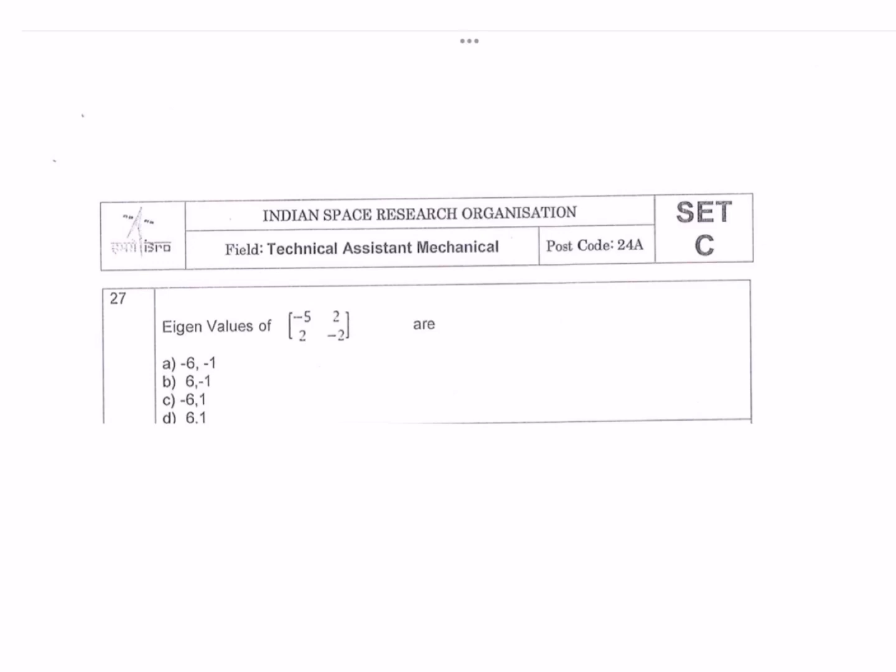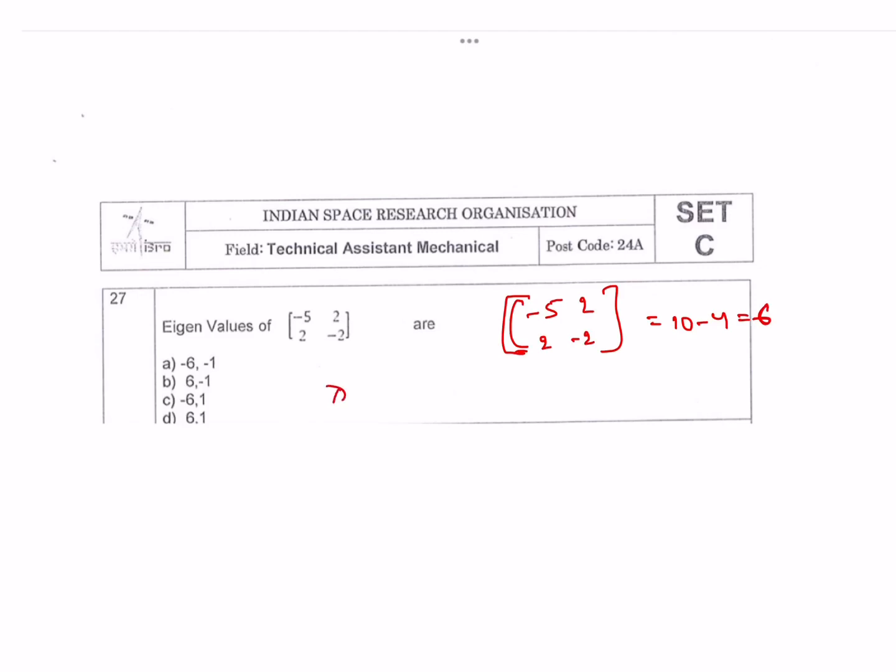Eigenvalues of the matrix -5, 2, 2, -2. How much will you get? The lambda values we have to calculate, lambda 1 and lambda 2. Determinant: -5 into -2 is 10, minus 4, value is 6.